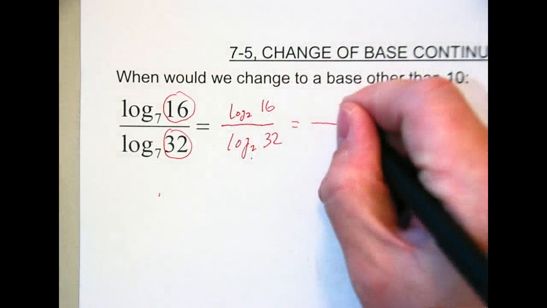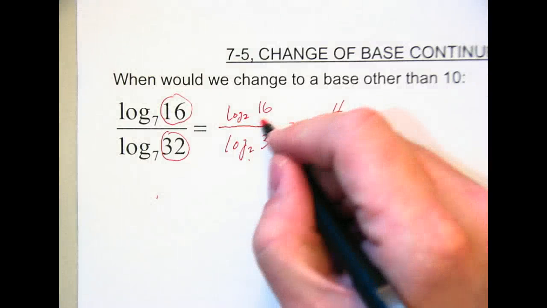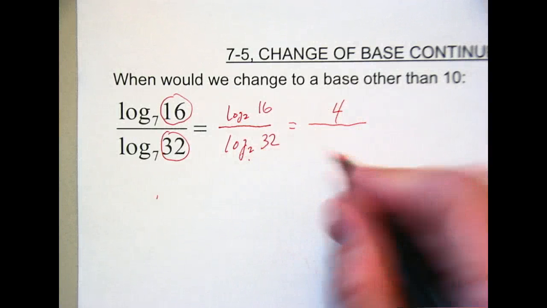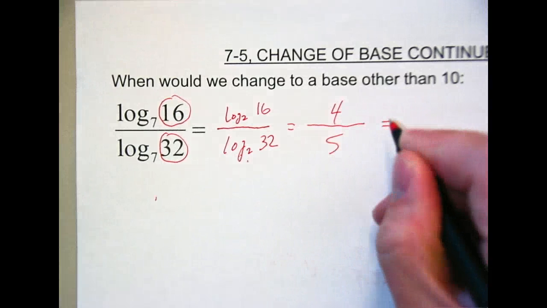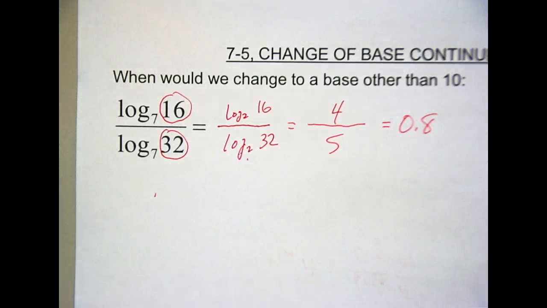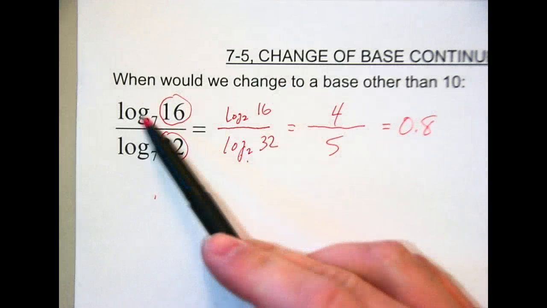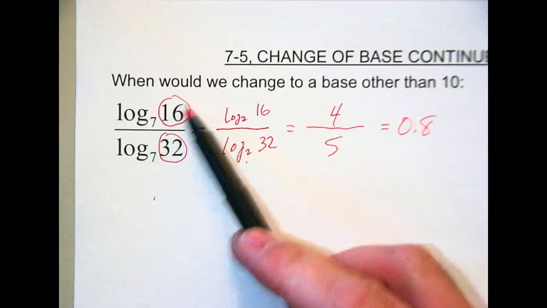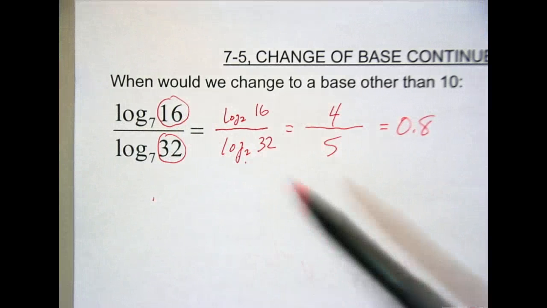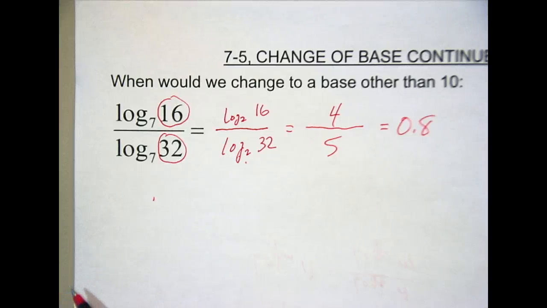2 to the 4th is 16, so log base 2 of 16 is 4. And 2 to the 5th is 32, so log base 2 of 32 is 5. So that answer is 0.8, or 4/5. For those of you that have a calculator where you could actually type in log base 7 of 16 and log base 7 of 32 and divide them, when you divide the two, you should get 0.8, or 4/5.